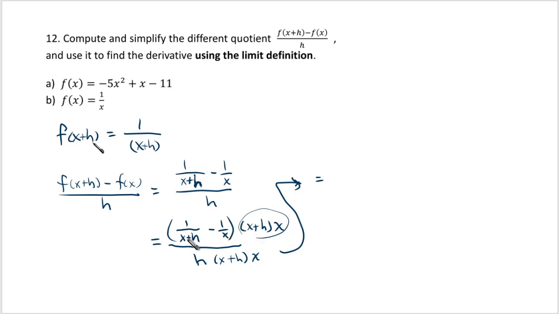Then this times this is going to be x plus h times x over x plus h, and this times the second one will be minus x plus h times x over x, all over h times x plus h times x.